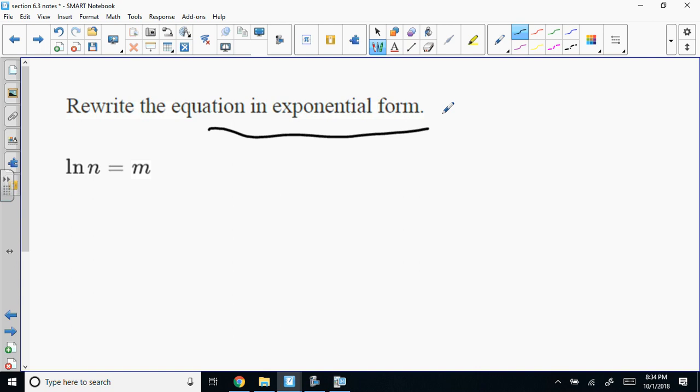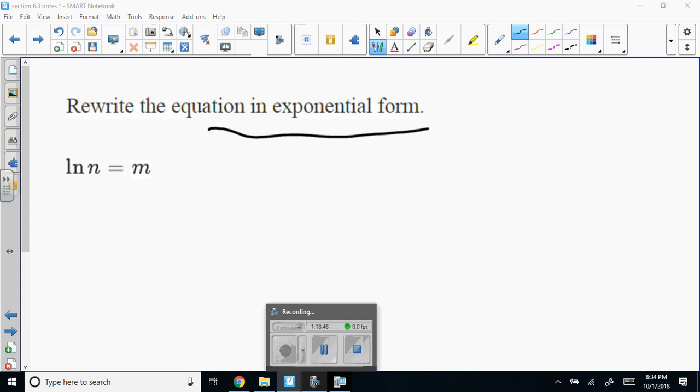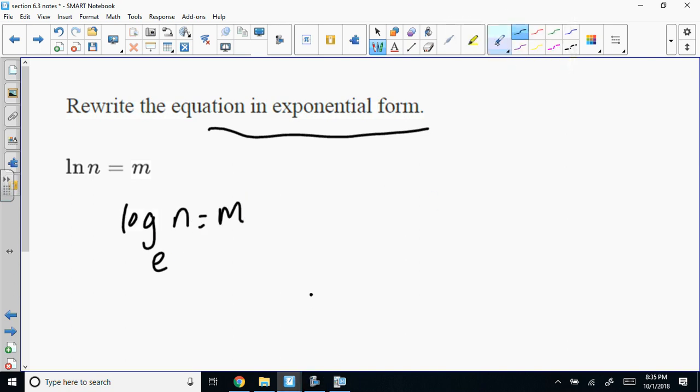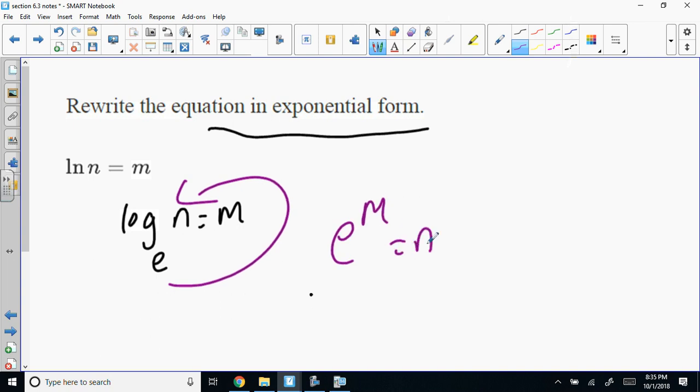Okay, so rewrite this one. Let's see if you can get this one. All right, the key to this is just rewriting it as log base e of n equals m. If you do that, guys, it becomes a piece of cake. There you go.